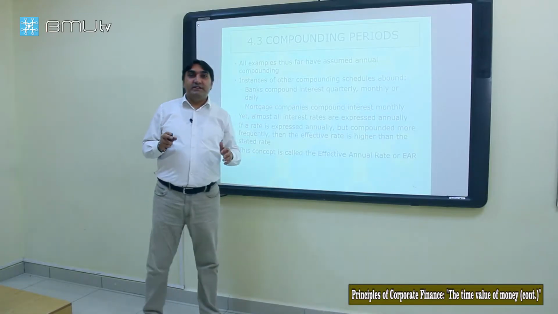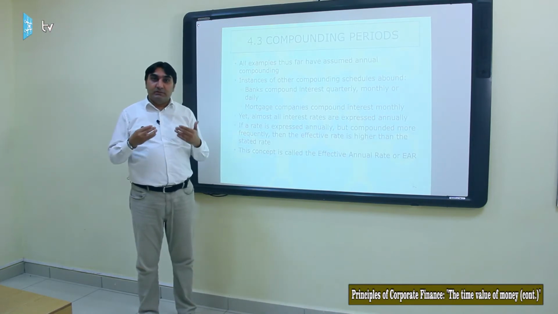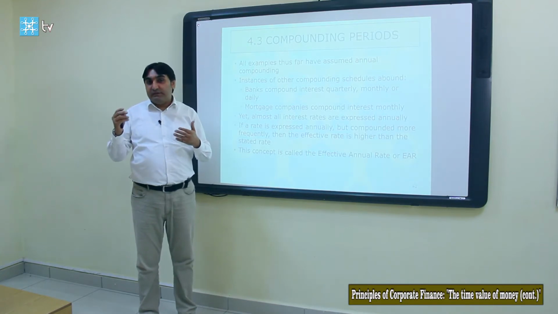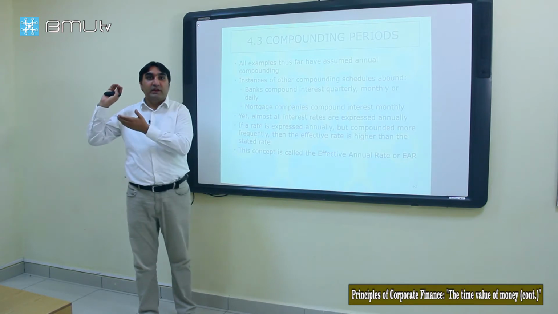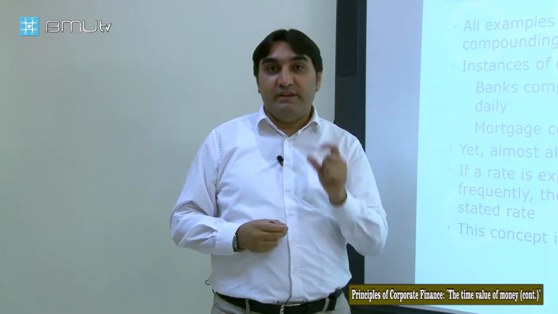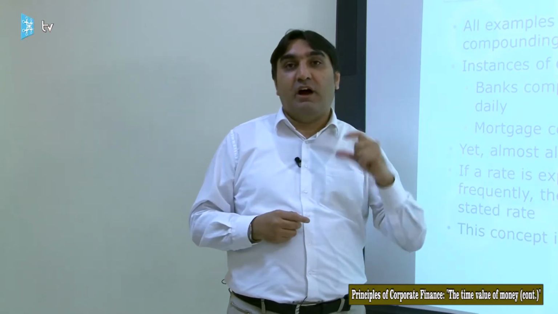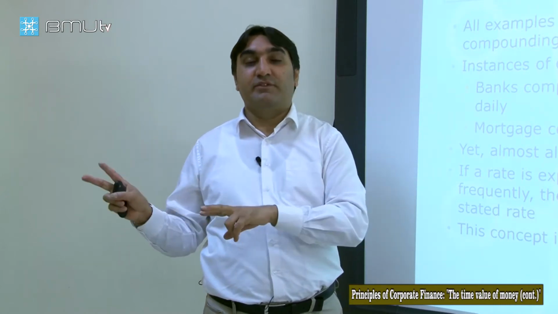If the rate is quoted annually, but compounding is less than annual frequency, maybe monthly, weekly, or semi-annual, then the effective rate, the real rate, the felt rate, will be higher than the quoted rate. This felt rate is called the effective annual rate.